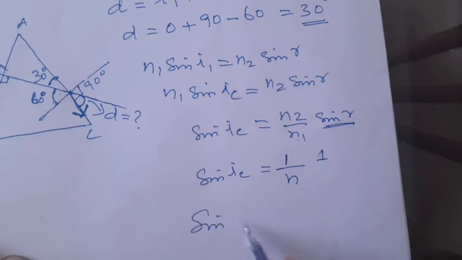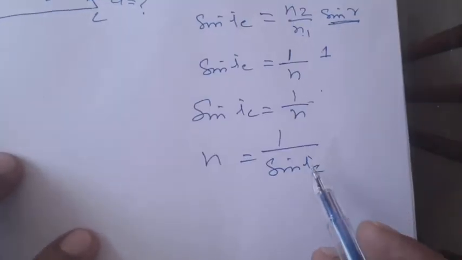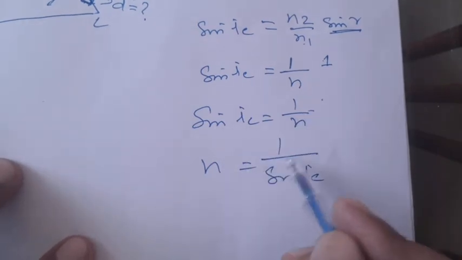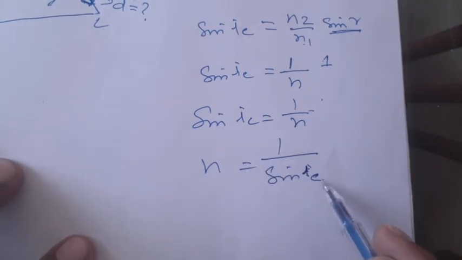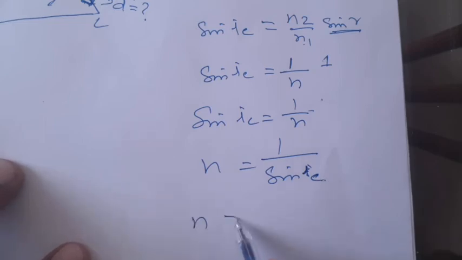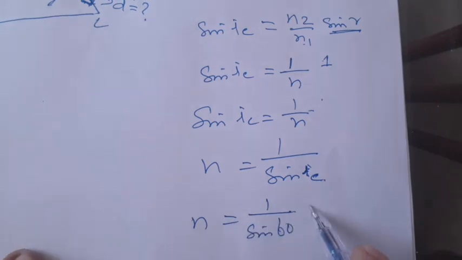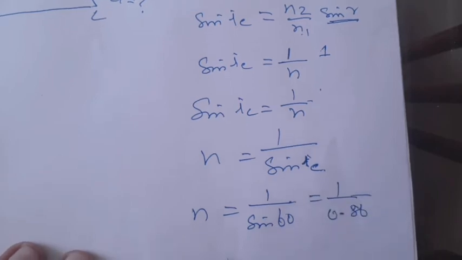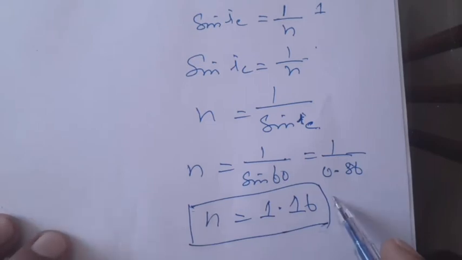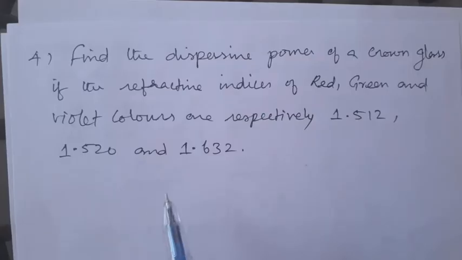So sine of IC equal to just 1 by N, or N equal to 1 by sine of IC, critical angle. So N equal to 1 by sine 60, which is 1 by 0.86, or N equal to 1.16. N equal to 1.16 is the required answer. Right, now we'll go for another problem.